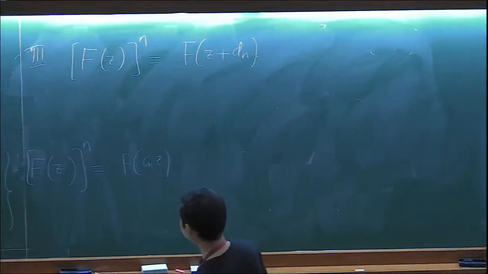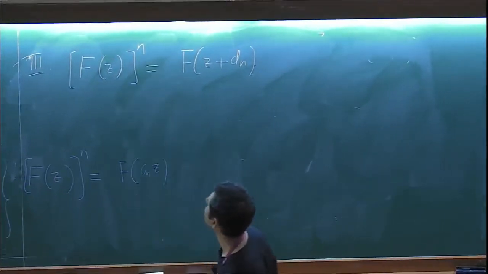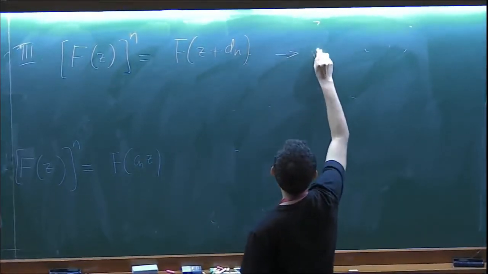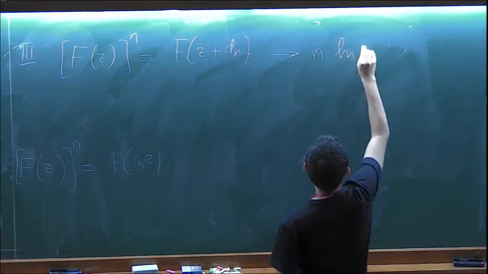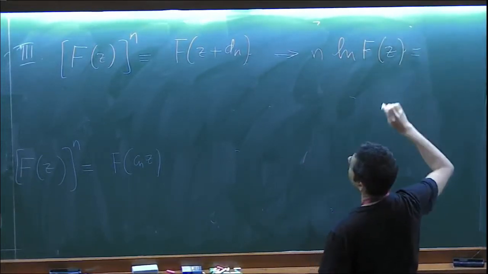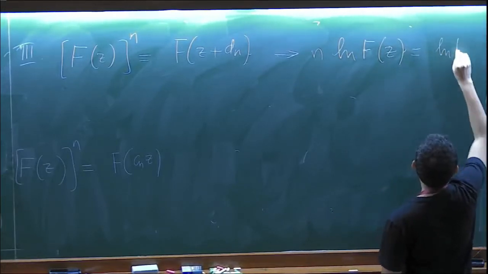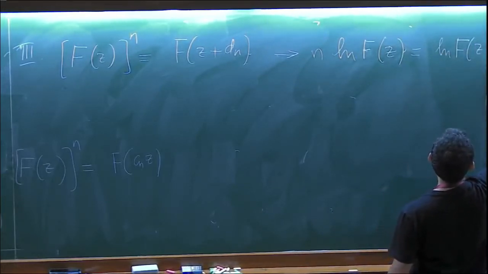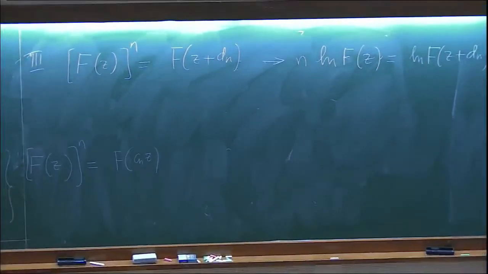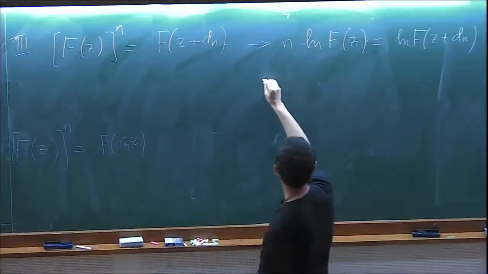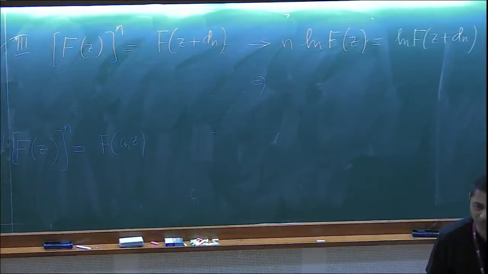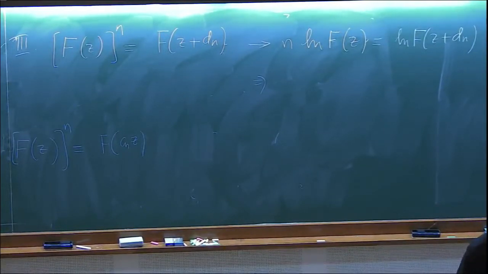Okay, let's take a log because it's something to the power n. So take a log. It gives me n log of f of z is equal to log of f of z plus dn. Take another log, but before taking another log, f is between 0 and 1, so log of f is negative, right?